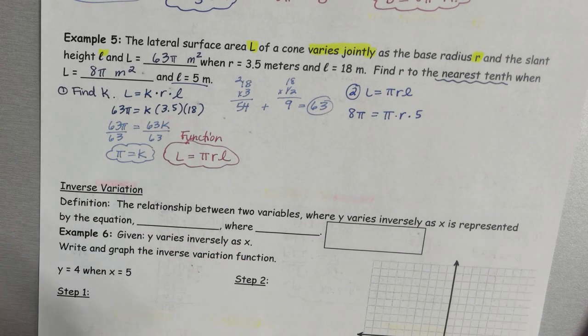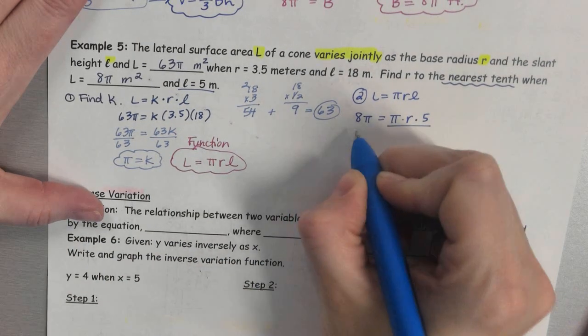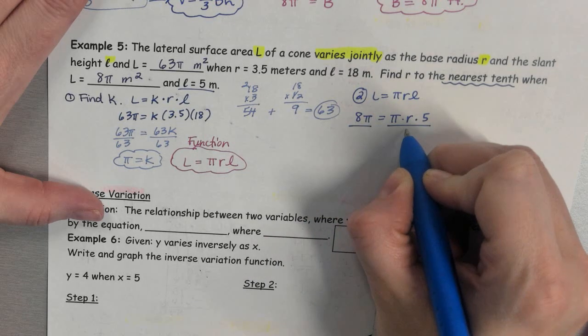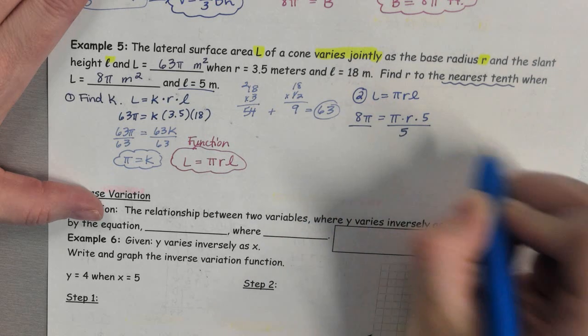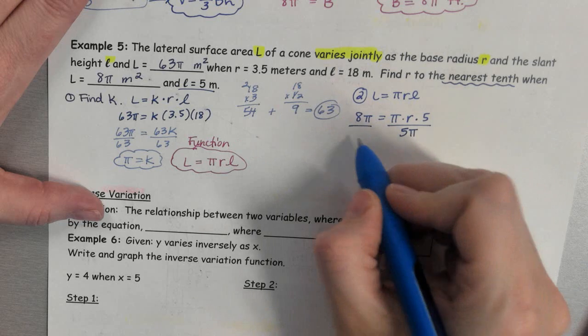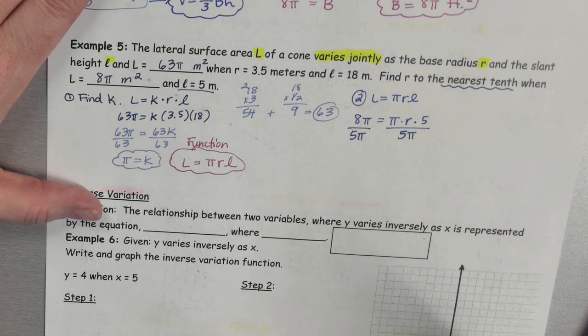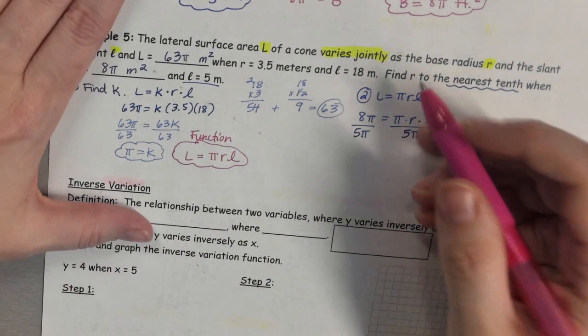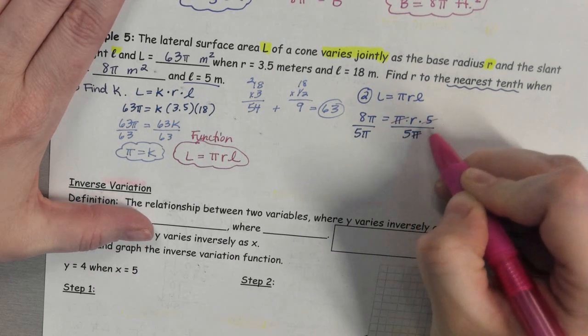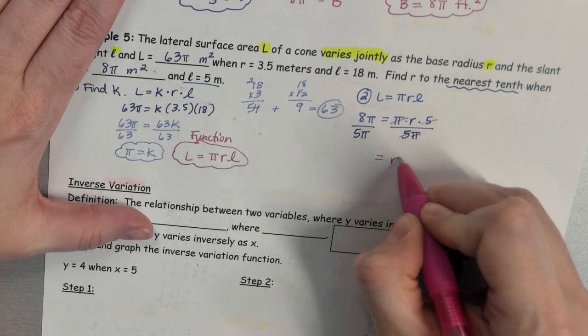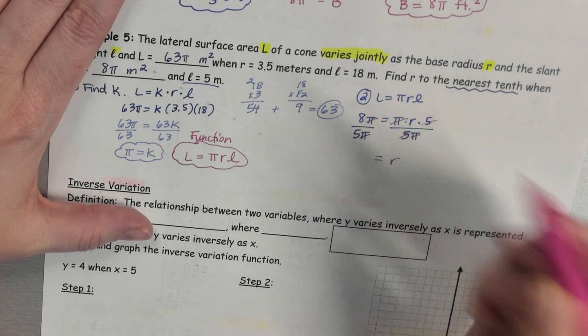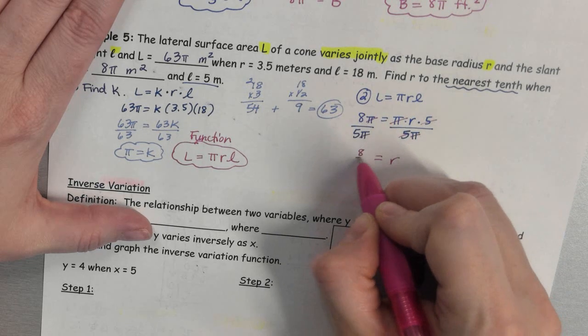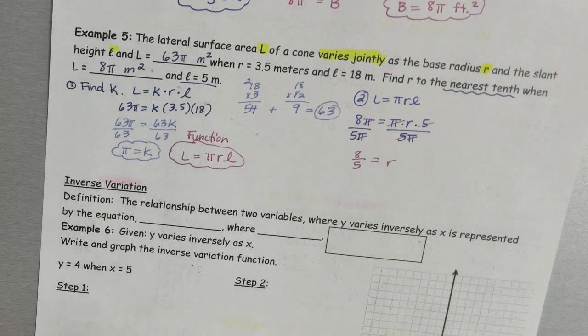You can also just divide each side by what to get r alone? Okay, so that way pi divided by pi, 5 divided by 5, will be r, pi divided by pi. So I have 8/5.